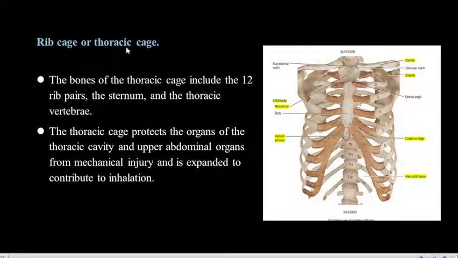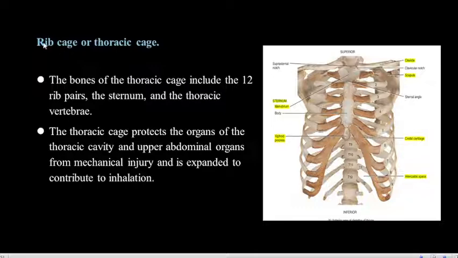Next, we have the rib cage or thoracic cage. Ang rib cage natin class, ang ribs, is the same number with the thoracic vertebrae. So, kung meron kang 12 thoracic vertebrae, meron ka ring 12 na ribs. Okay? So, bones of the thoracic cage include 12 rib pairs, the sternum, and the thoracic vertebrae.